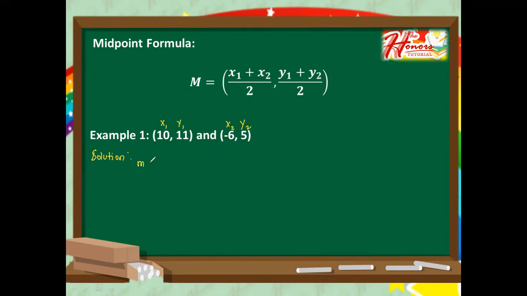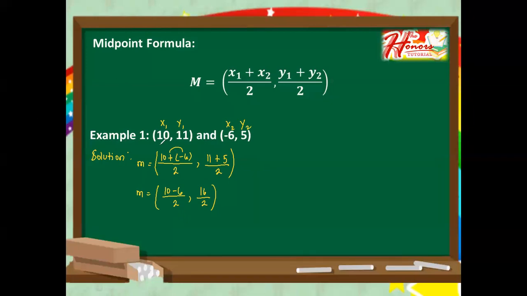So we have here M equals x sub 1, that's 10, plus x sub 2, that's negative 6, over 2, and y sub 1, that's 11, plus y sub 2, that's 5, over 2. So M equals 10. Positive times negative is negative, so minus 6 over 2. 11 plus 5, that's 16 over 2.